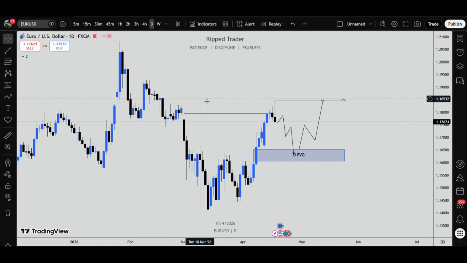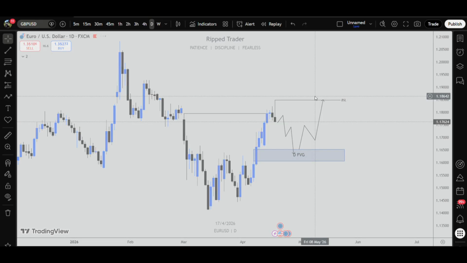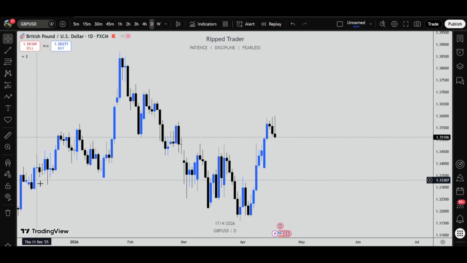On the EUR/USD pair, I'm looking for longs, and if we go to the GBP/USD, it's absolutely the same. I use GBP/USD only to look for SMTs.